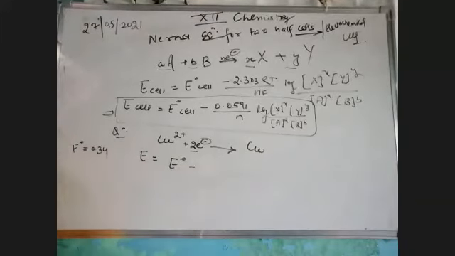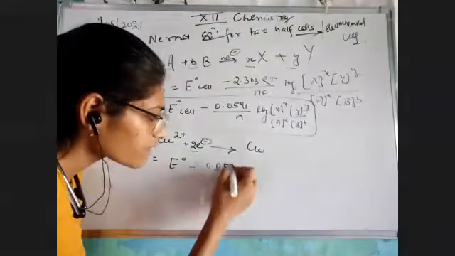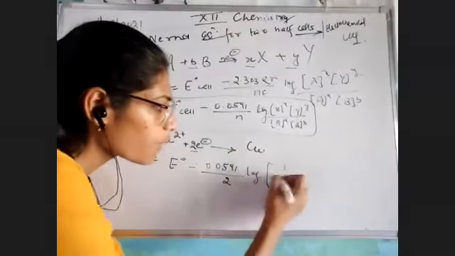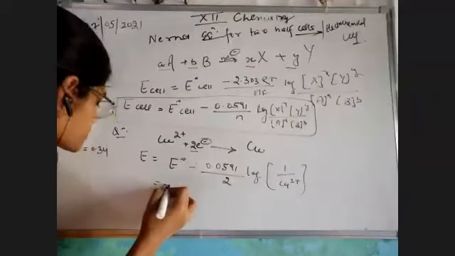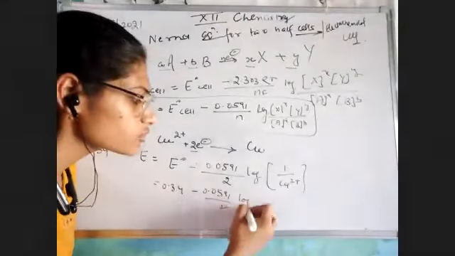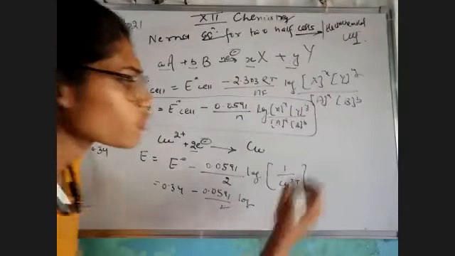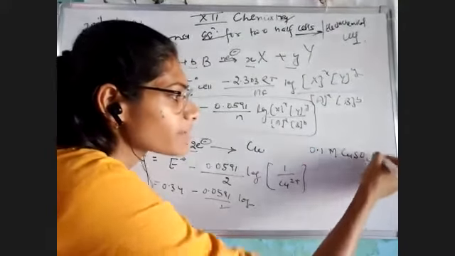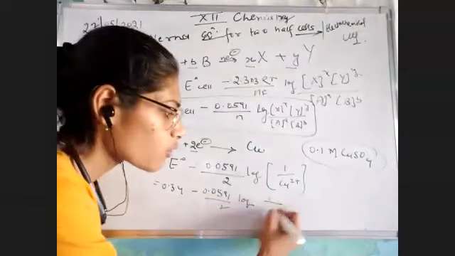So what is the Nernst equation? E equals E naught minus 0.0591 divided by n, which is equal to 2, log 1 by copper 2 positive. E naught is given as 0.34 minus 0.0591 divided by 2 log the concentration of copper 2 positive, which is given as 0.1. We have been provided with 0.1 molar copper sulfate. That means 0.1 molar concentration, log 1 by 0.1.